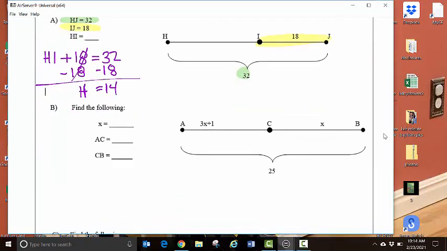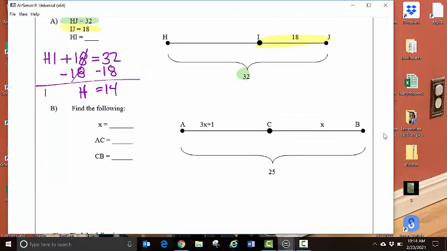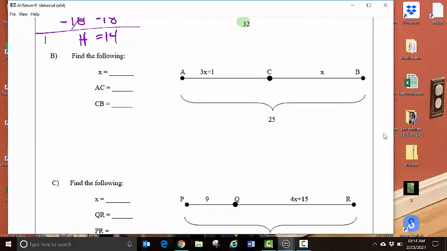All right, this next one, it wants us to solve for x and the missing pieces. So let's see, we have this piece plus this piece equals the whole thing. So you would say 3x plus 1 plus x equals 25.